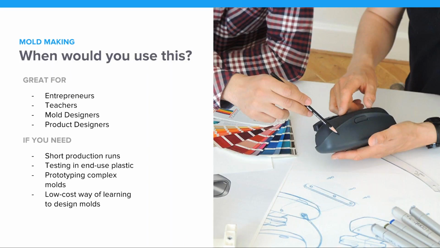You can produce maybe 100 to 1,000 parts using this process, send it out to your customers, get real world feedback, and then change and iterate on your design. Teachers, you can use this to teach your students how to do molding very inexpensively. And mold designers, you can prototype your molds before actually paying the money up front to go do a CNC mold.